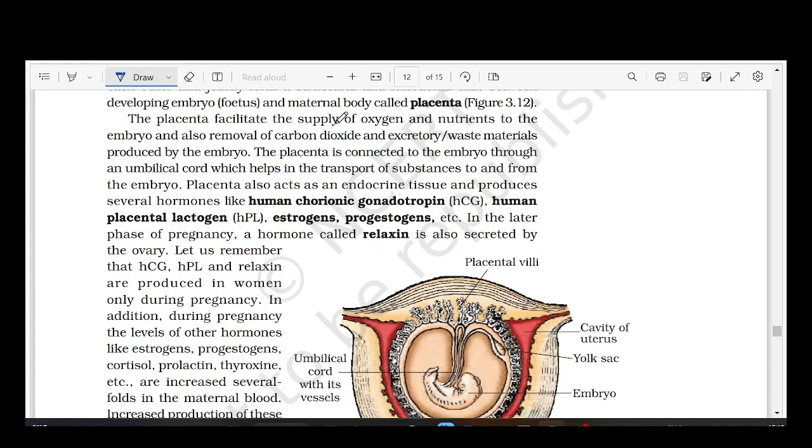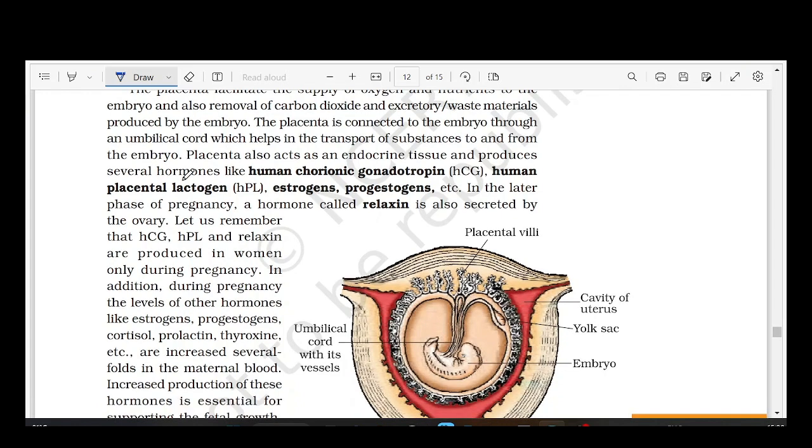The placenta facilitates the supply of oxygen and nutrients from the mother to the baby, right, to the embryo, and also the removal of the carbon dioxide and all the excretory or other waste materials from the embryo to the mother. The placenta is connected to the embryo through an umbilical cord.